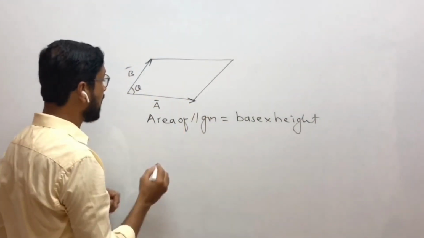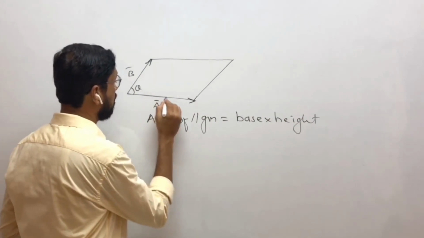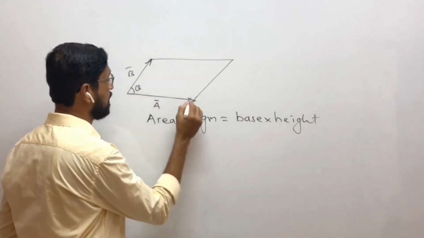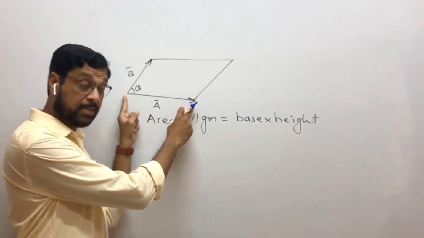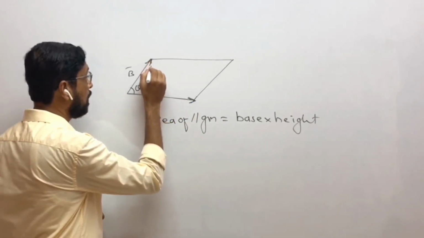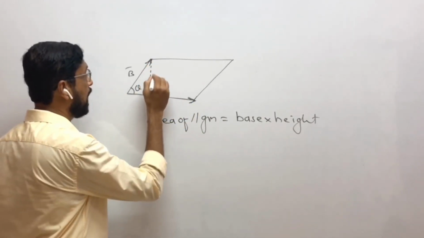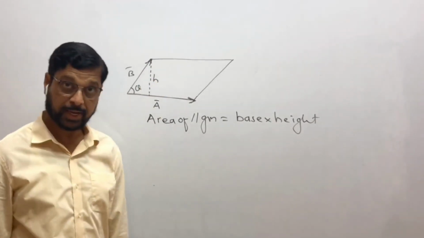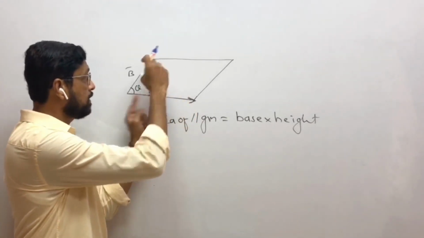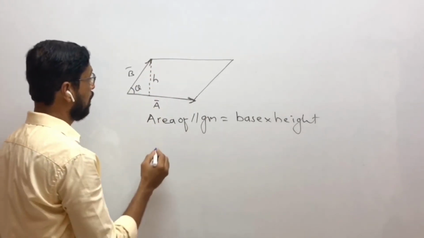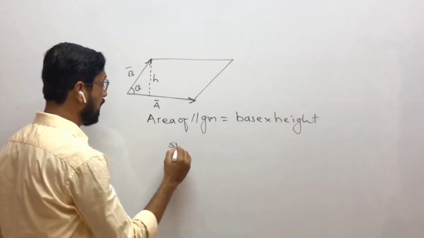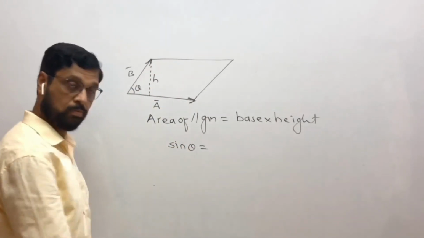So for this parallelogram, this magnitude of vector A is the base, and this will be the height h. Correct? This is the base and this is the height. Now in this triangle, what will be sine theta equal to?